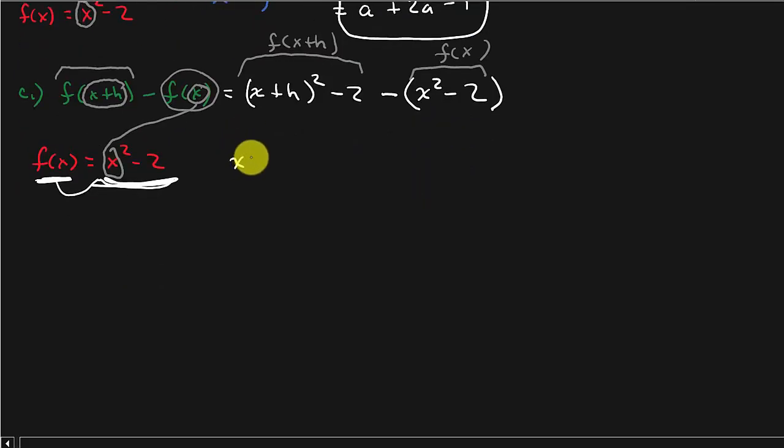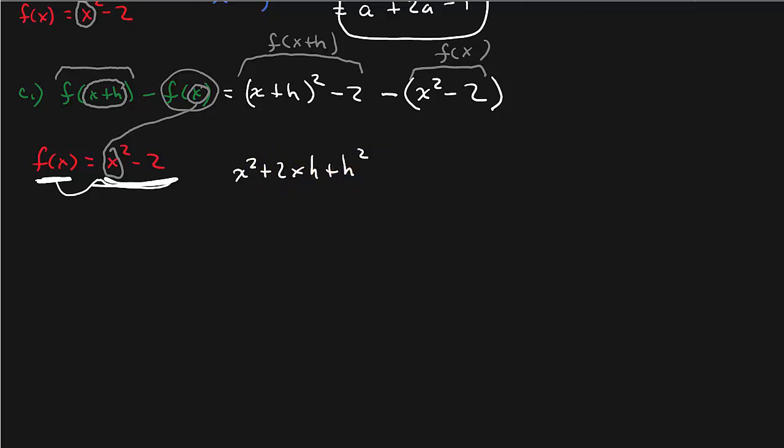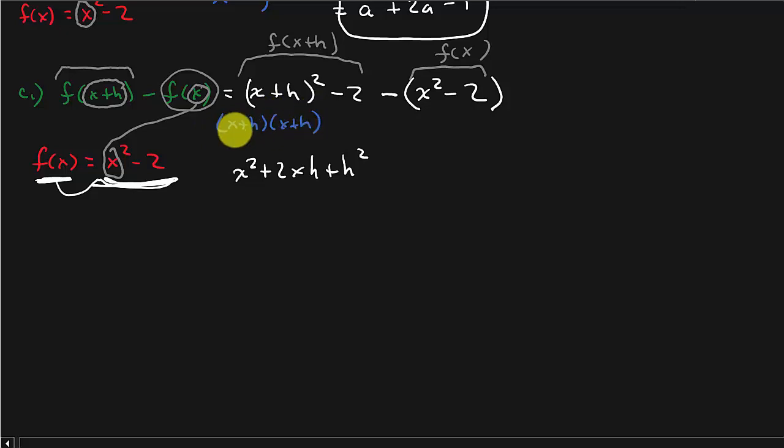So this is x squared plus 2xh plus h squared. If you need to, write this out as x plus h times x plus h and FOIL it out if you need to. That's this part right here. And then I've got minus 2.